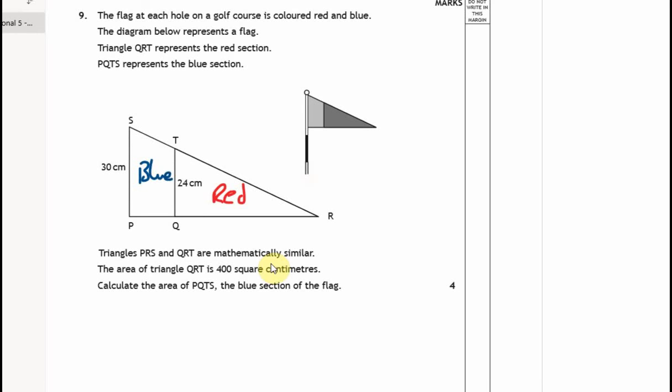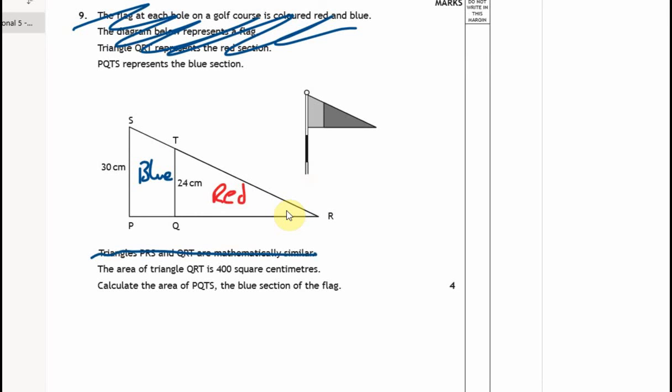So suddenly, I don't need to know any of this stuff. Triangles PRS and QRT are similar. So basically it's saying we have similar triangles. They share the same angle, which we can see. But they've used the phrase mathematically similar, so that's where you jog your memory. You should be thinking, right, similar shapes.